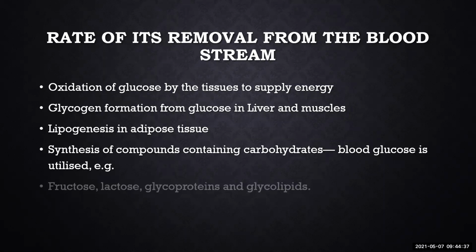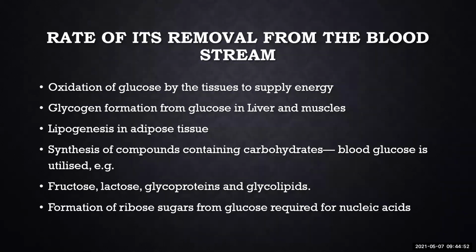For example, fructose, lactose, glycoproteins, and glycolipids. So it will be used for production of oligosaccharides, derived lipids, derived proteins, and also formation of ribose sugar from glucose, required for nucleic acids for DNA and RNA formation.